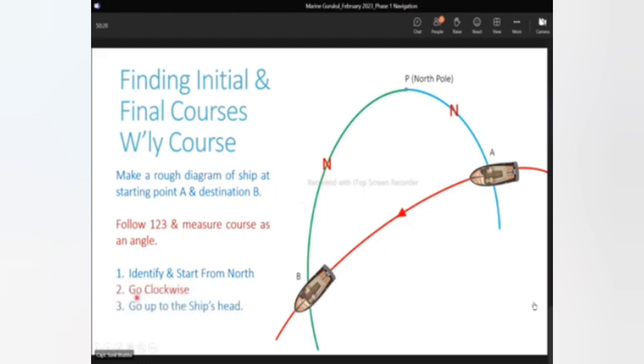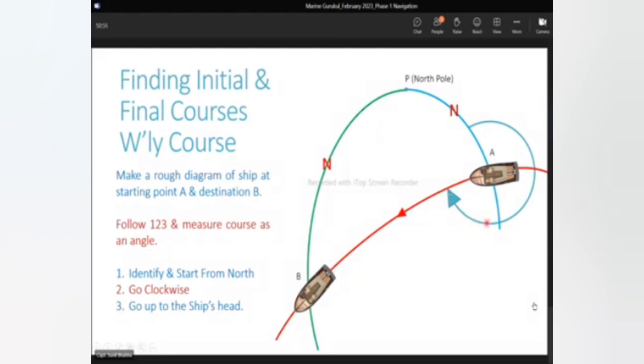Now the second step is, from this northerly direction we go clockwise and we go up to the ship's head. So at our position A, starting from the northerly direction, moving in the clockwise direction, I go up to my ship's head.